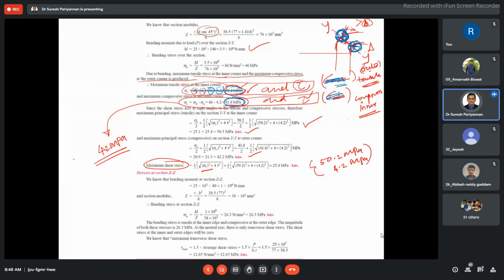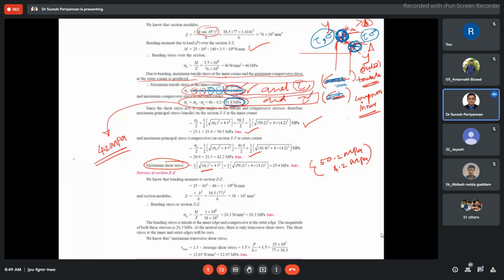Here the components tau and sigma are there. I substitute these values of tau and sigma in our maximum principal stress equation, then find what maximum stress is acting.